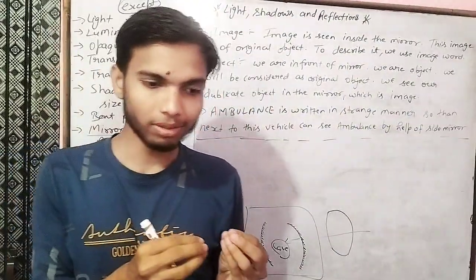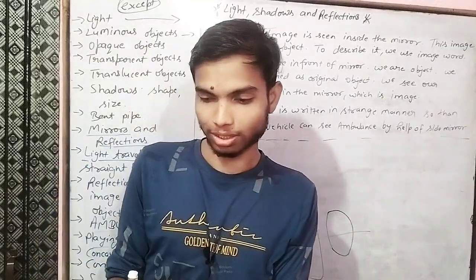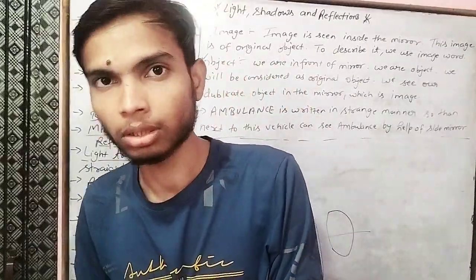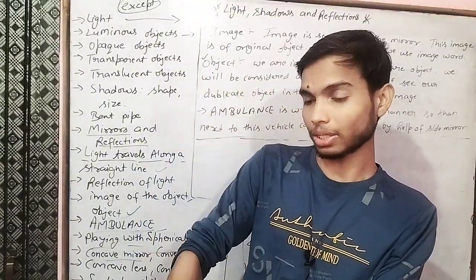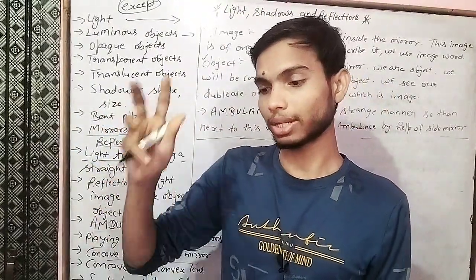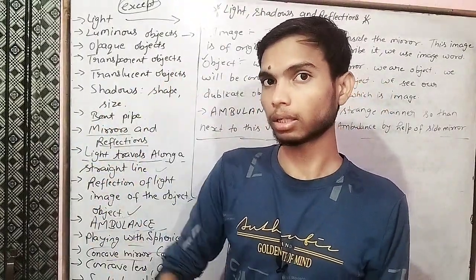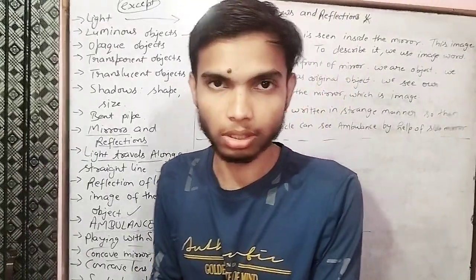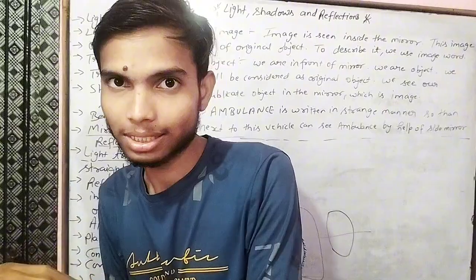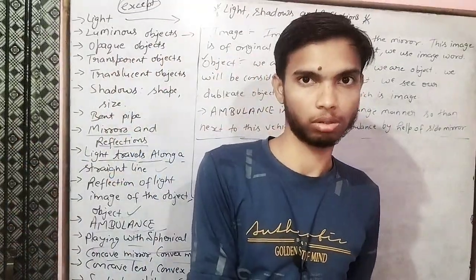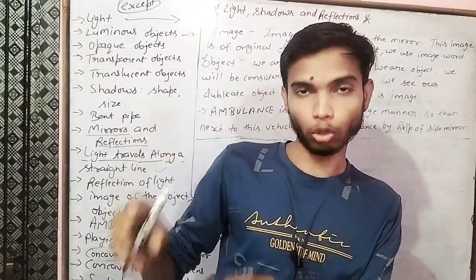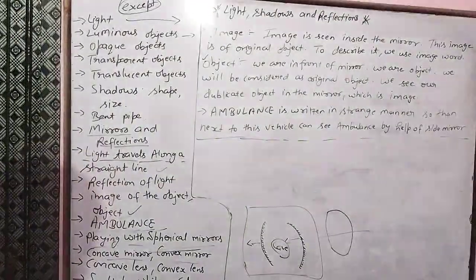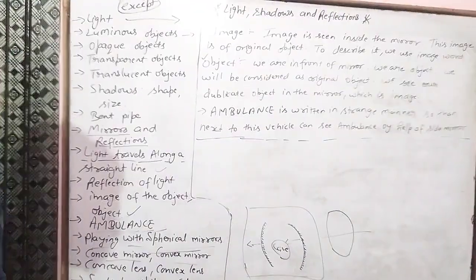So when the driver looks inside the side mirror, they see a lot of area, and also the images formed by a convex mirror are small, and they could be real or virtual.